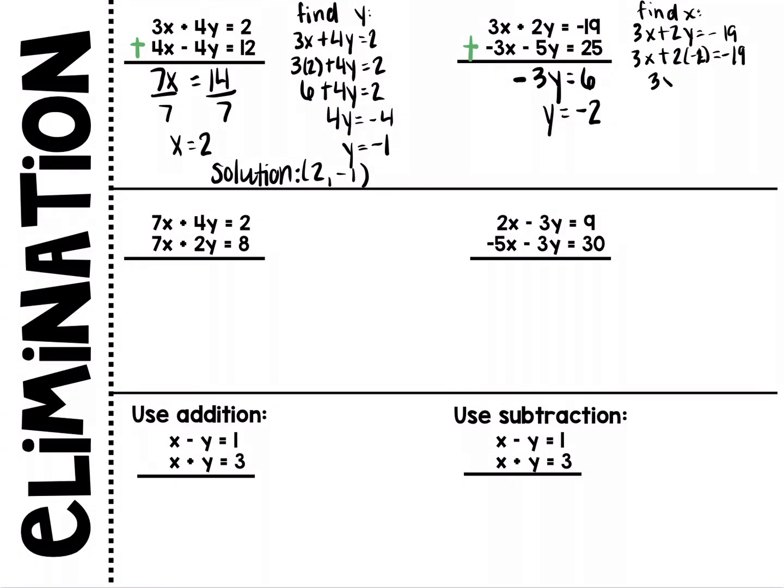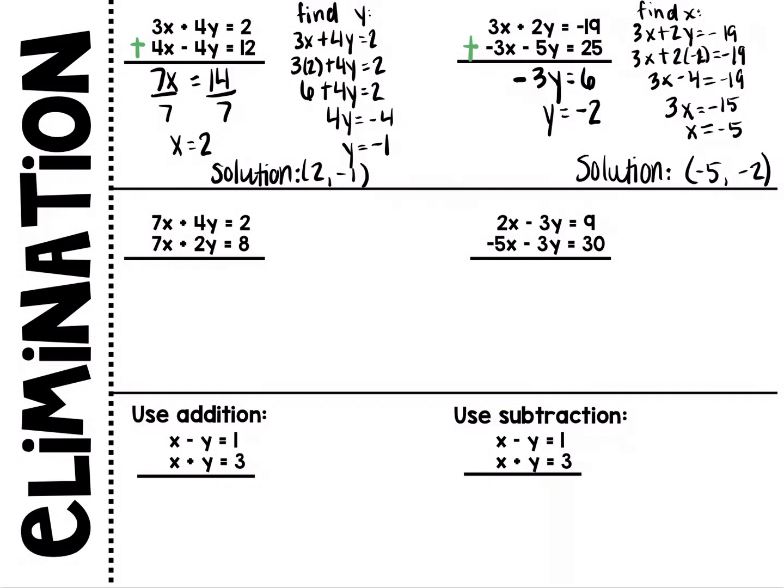So then I have 3x minus 4 equals negative 19. Then I'm going to add 4 on both sides, and that's negative 15. So x is negative 5. My solution is x is negative 5, y is negative 2. We would label this system as consistent and independent because it has only one solution.